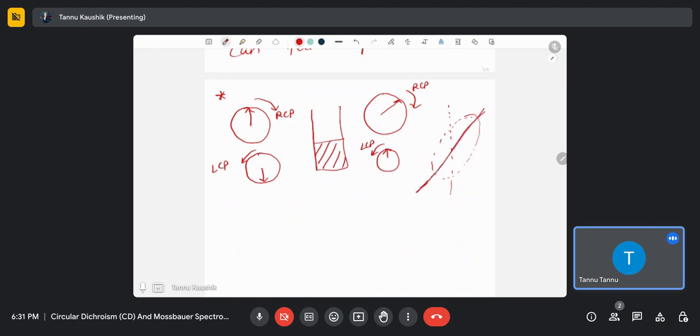So here we can see that this light has been rotated at a certain angle, which is phi, by the chiral sample, and also it has been observed that the left hand circularly polarized light has been absorbed by the sample, giving us this psi angle, which shows the differential absorbance of the two polarized lights.